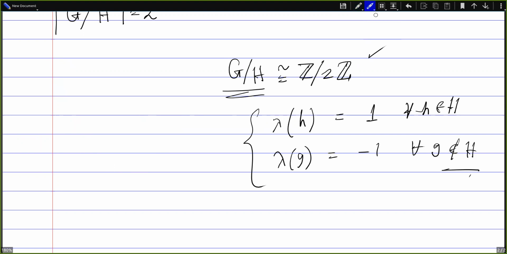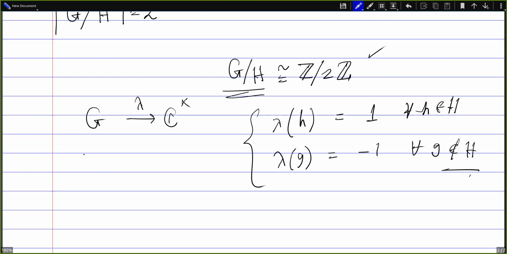So from now onwards, lambda is the following one-dimensional representation of G, which sends every element of H to 1 identically and elsewhere -1. So this is basically the analog of the sign homomorphism of Sn.